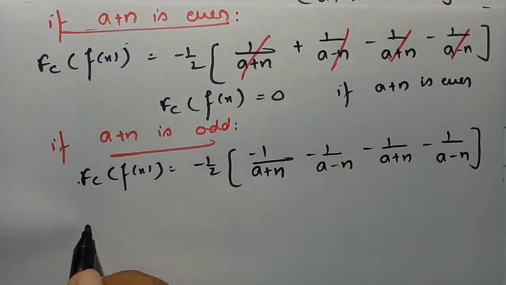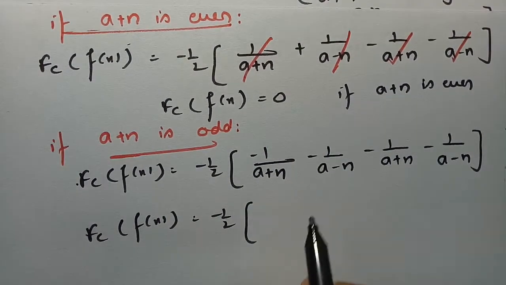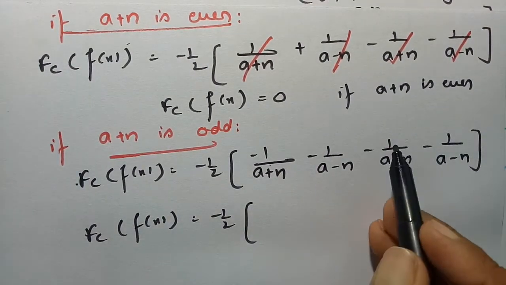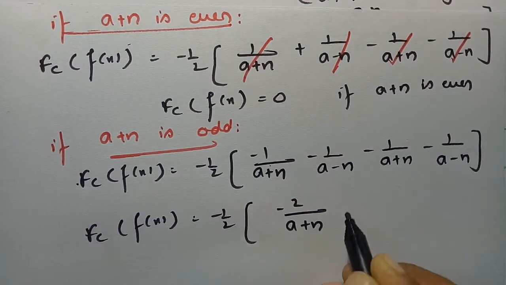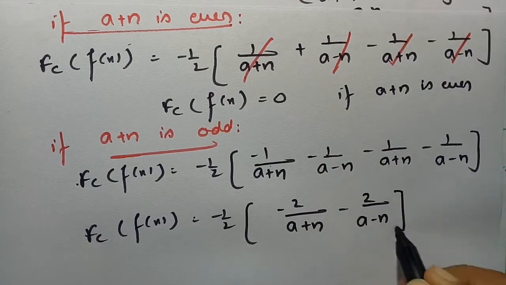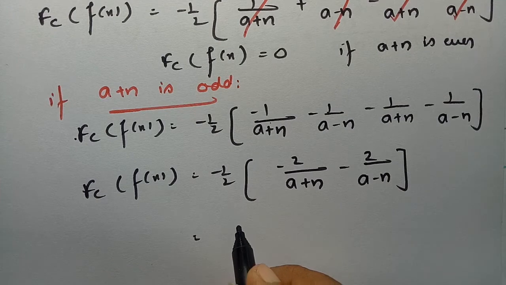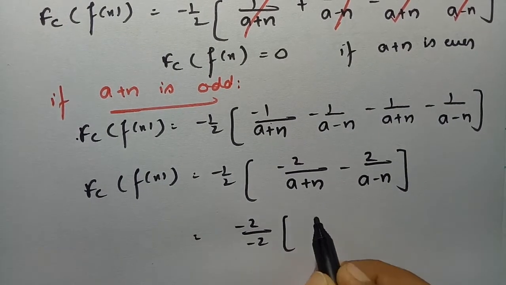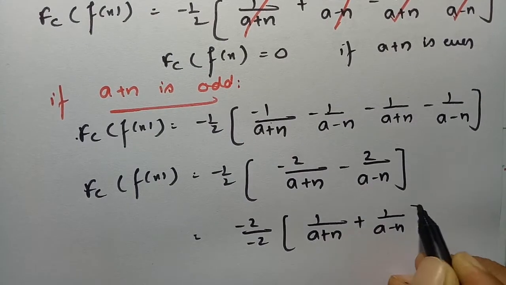So you can observe that the Fourier transformation of the function f of x is minus half times of minus 1 into minus 1 minus 1. This will be minus 2 by (a plus n), and minus 2 by (a minus n). So I can take this minus 2 outside, then this is 1 by (a plus n) plus 1 by (a minus n).